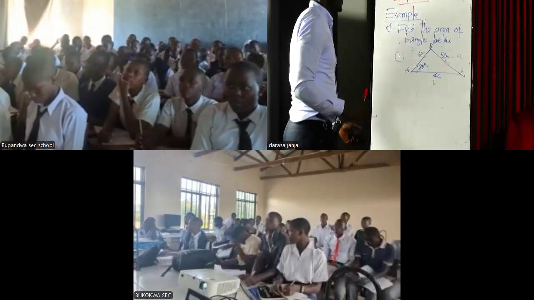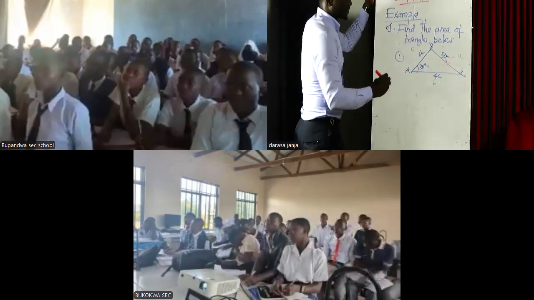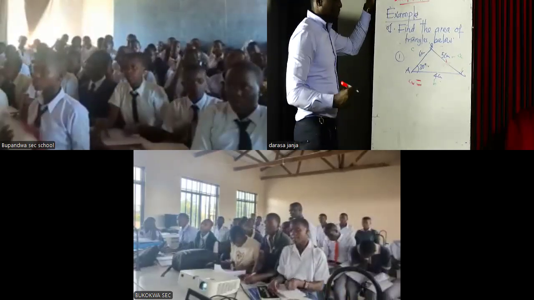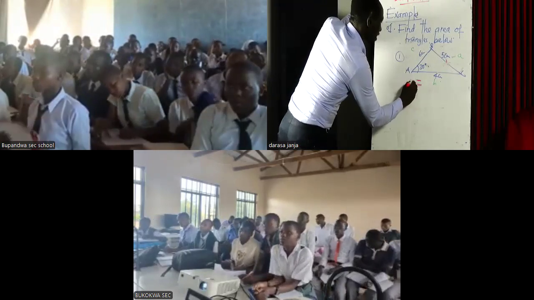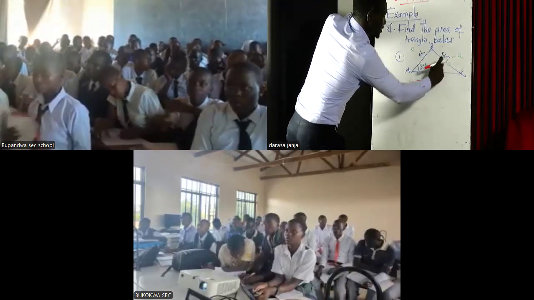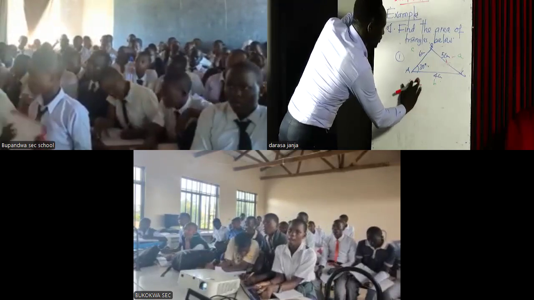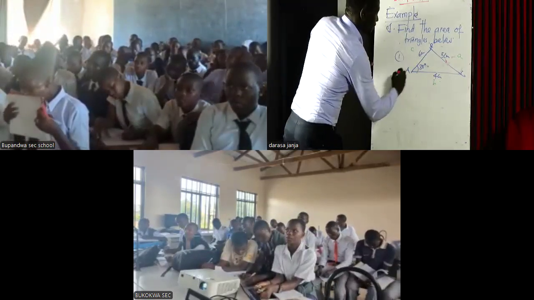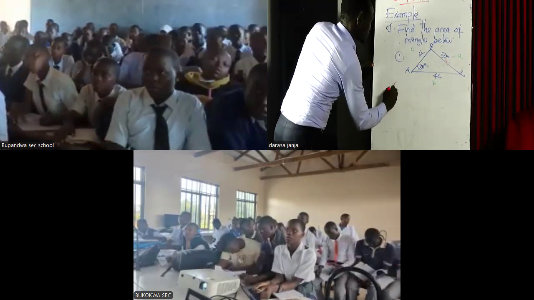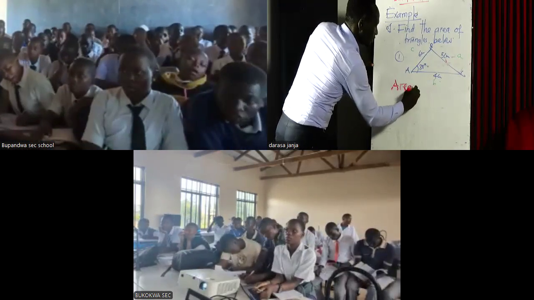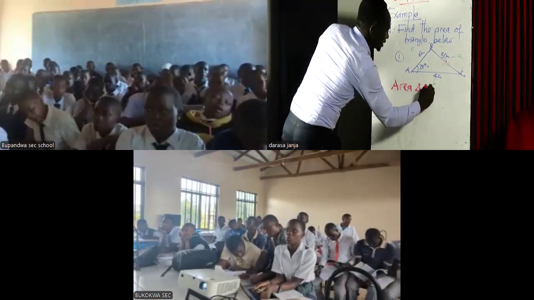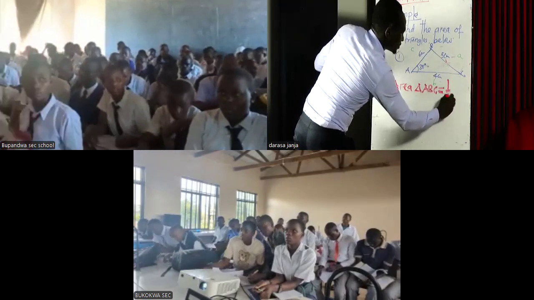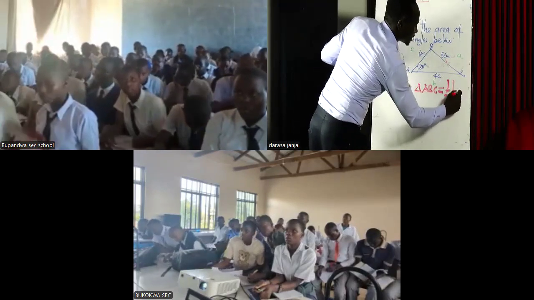So from this, I have to analyze my formula. Side A is not to be in my part, but according to the formula, this is angle A. So to get the area of triangle ABC, this will be equal to half times base.